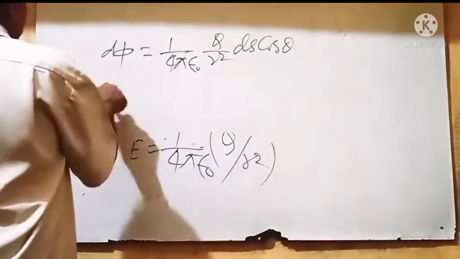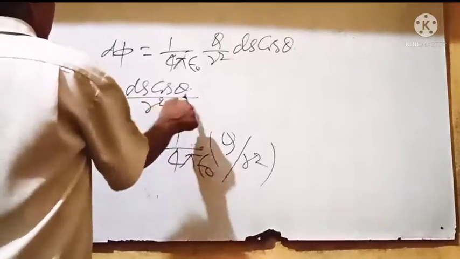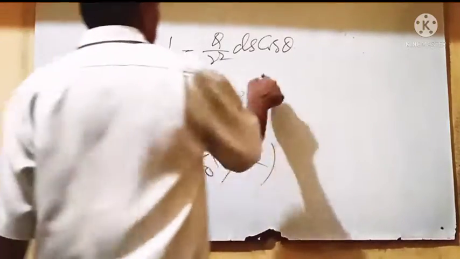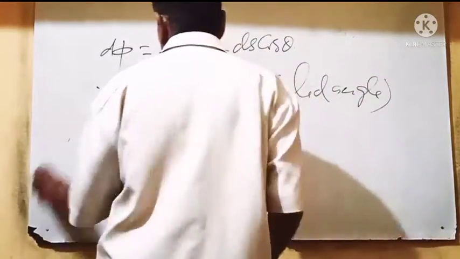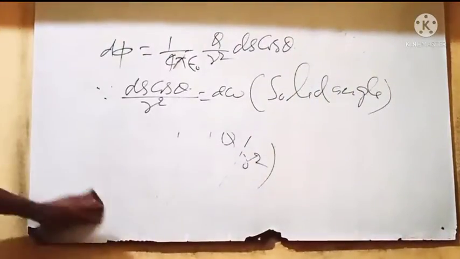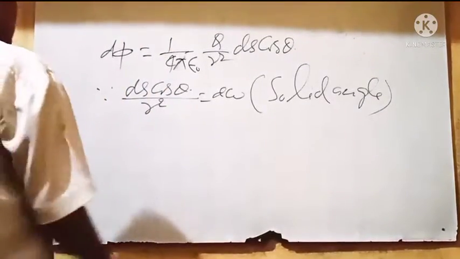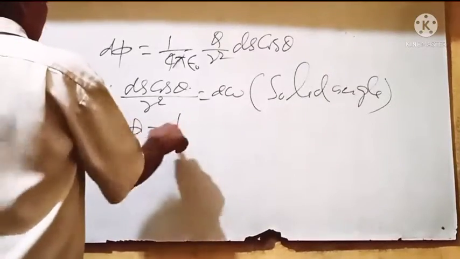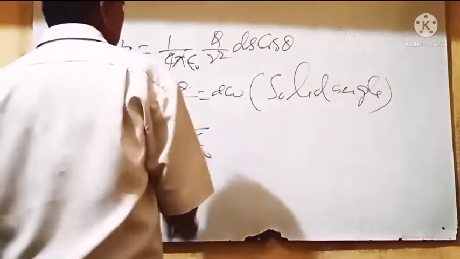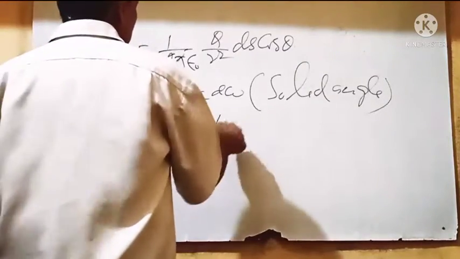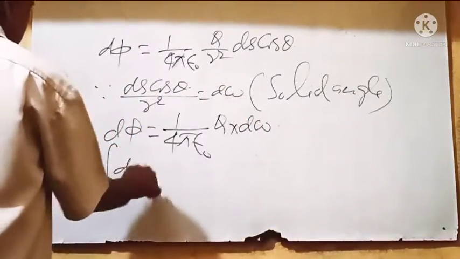Since ds cos theta divided by r square is equal to d omega, that is the solid angle. d phi is equal to 1 by 4 pi epsilon naught q into d omega. Now what is the total electric flux?